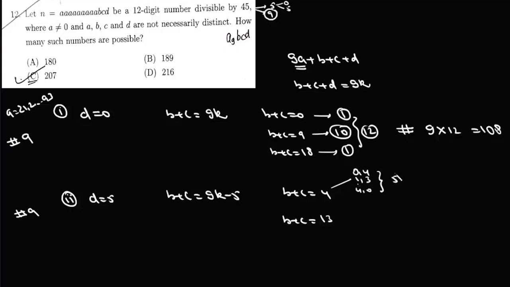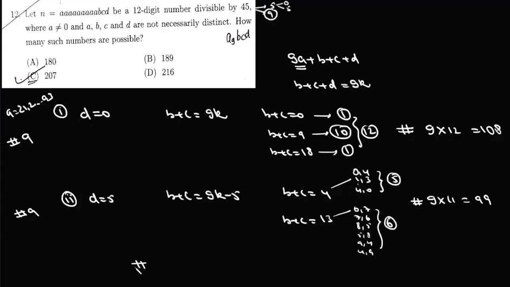So total 5 choices, and 13 is 6, 7, 7, 6, 8, 5, 5, 8, 9, 4 and 4, 9, and there'll be 6 cases. So in this case, we'll have 9 into 11 numbers, and there'll be 99 numbers.